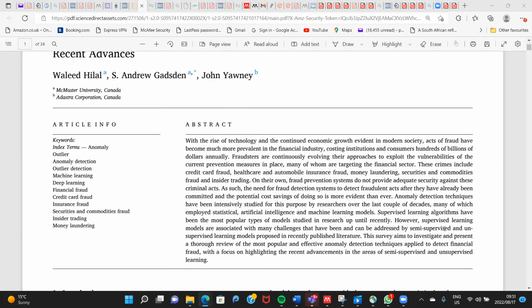Supervised learning algorithms have been the most popular types of models studied in research up until recently. However, supervised learning models are associated with many challenges that have been proposed in recent publications. This survey aims to investigate and present a thorough review of the most popular and effective anomaly detection techniques applied to detect financial fraud.